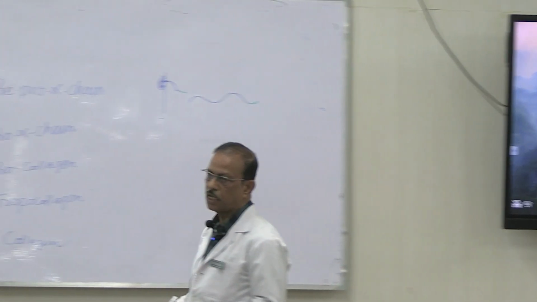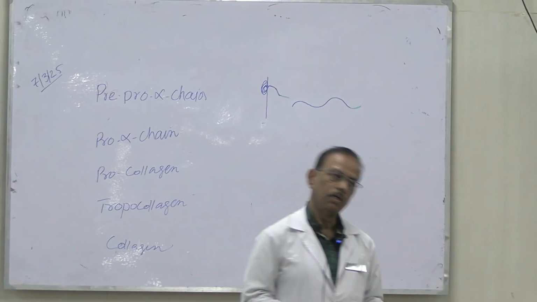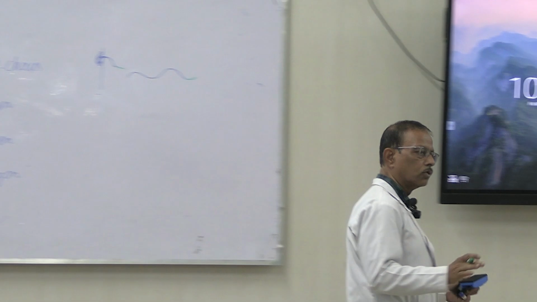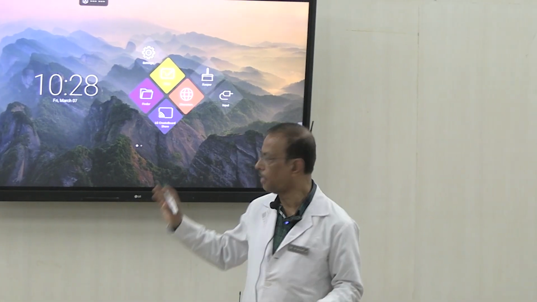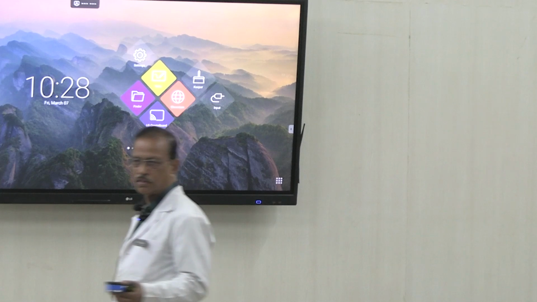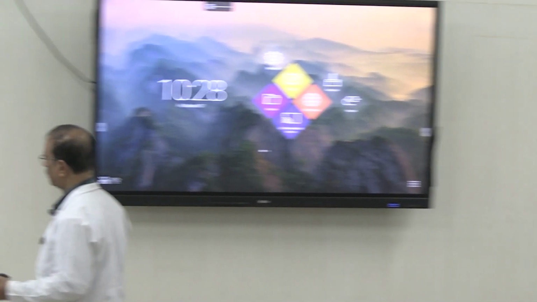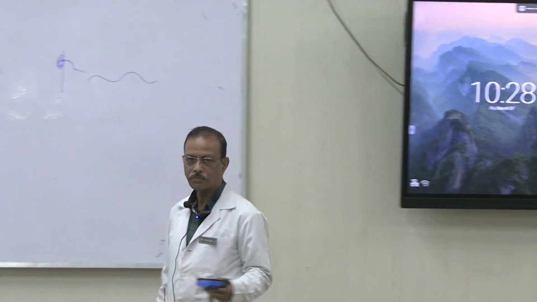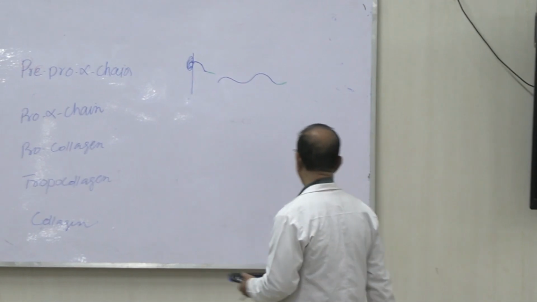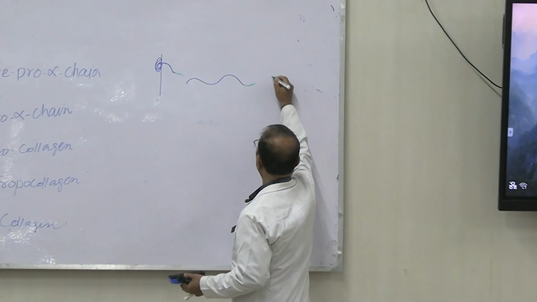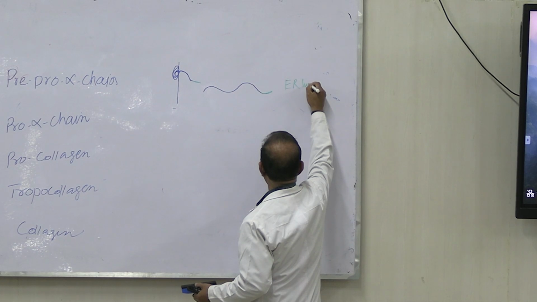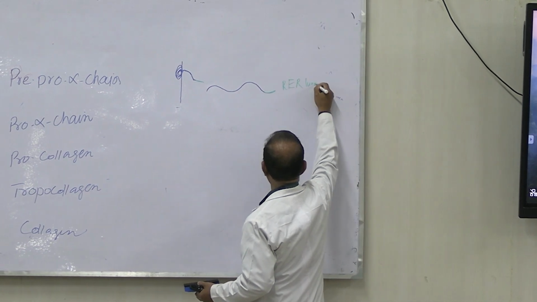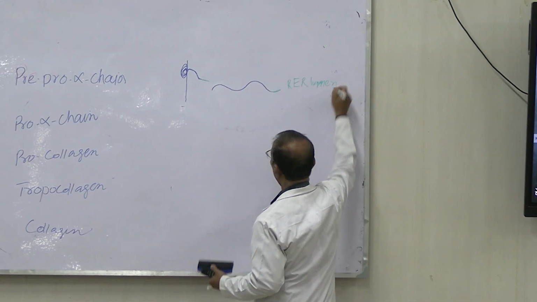In some books they have written pre-pro collagen. If you write pre-pro collagen, it is also okay. If you write alpha chain, it is also okay. But I think if we say alpha chain, it is more reasonable. Okay. Now, it is in the rough endoplasmic reticular lumen.